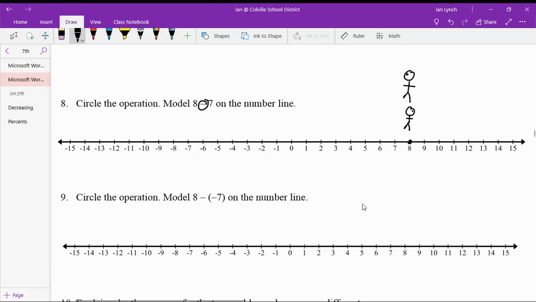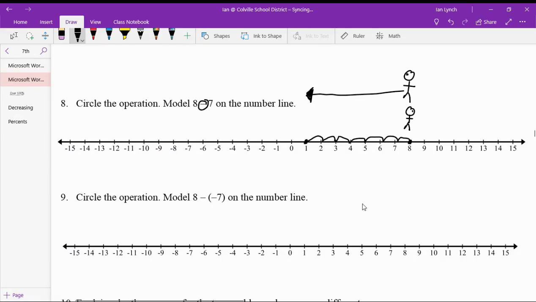We're going to face the left. Now we're going to move 7 places to the left. So if we move 7 places to the left, that's 1, 2, 3, 4, 5, 6, 7. We end here at 1. So that is 7 places moved in the negative direction.